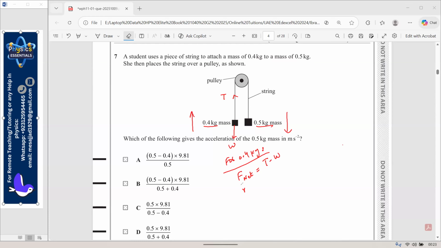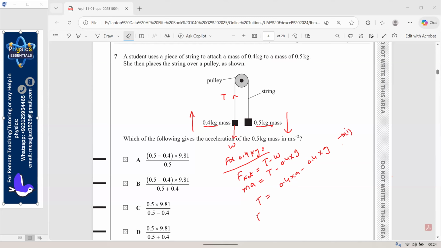From here, F net equals ma, the tension is T, and the weight is mg, which is 0.4 times 9.8, or g. So my tension is 0.4a plus 0.4g. This is my equation number one.